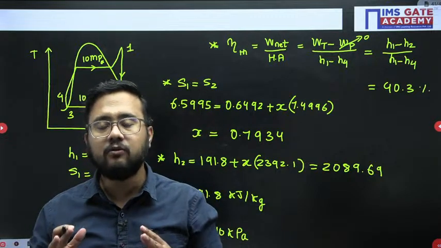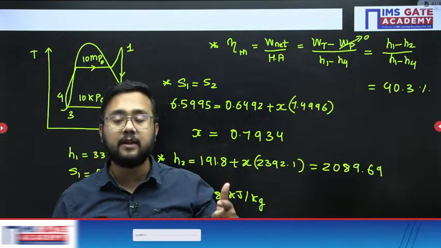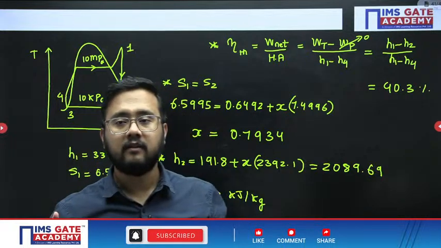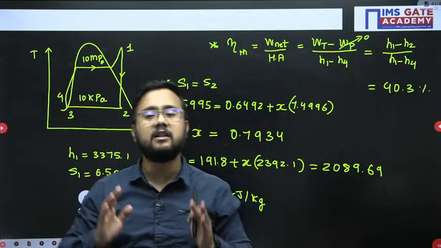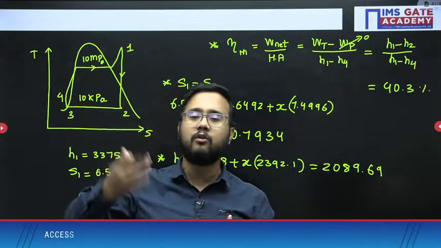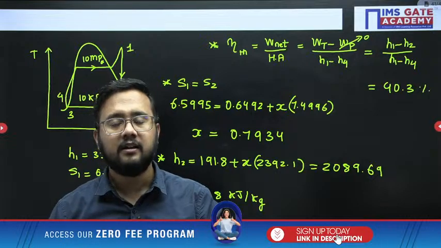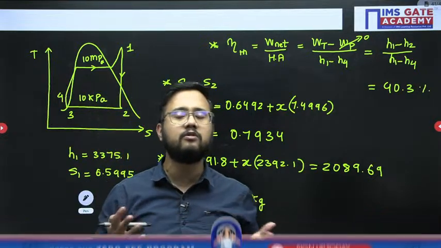I'm telling you, your focus should be more on how many questions you are attempting, and whatever questions you are attempting, that should be right. If you have more than 90 or 95% accuracy, you will get very good marks in the GATE examination. The problem is, we are attempting more and more questions, but we are making many mistakes as well. So we should understand that if mistakes are more, then there is no use of solving more questions.